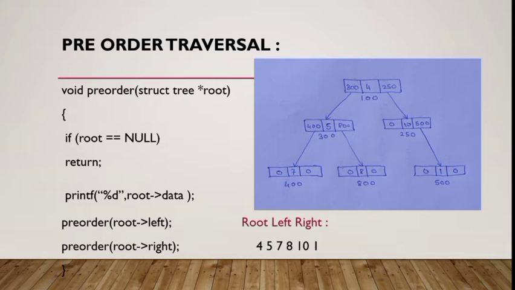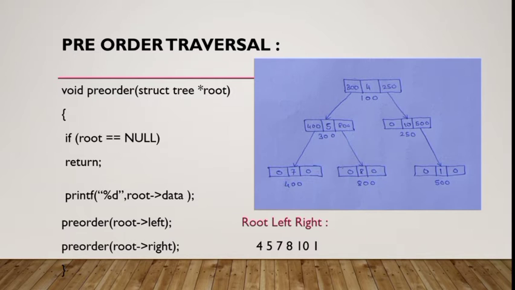250's left 0 is passed as the input, and if root equal to null, yes, it is true, and it returns to 250. And preorder of root of right. Now 250's right is 500. 500 is passed as an input to the preorder function, and in the function it checks root equal to null, no, and it prints root of data.